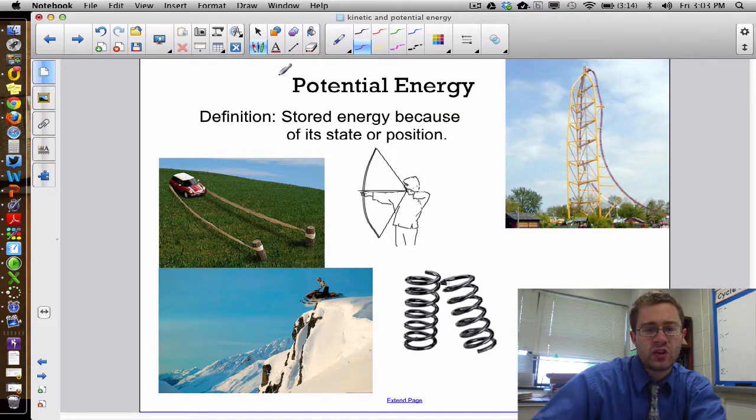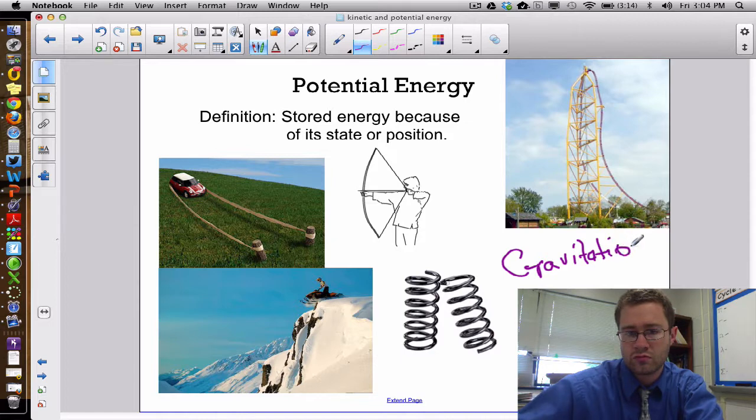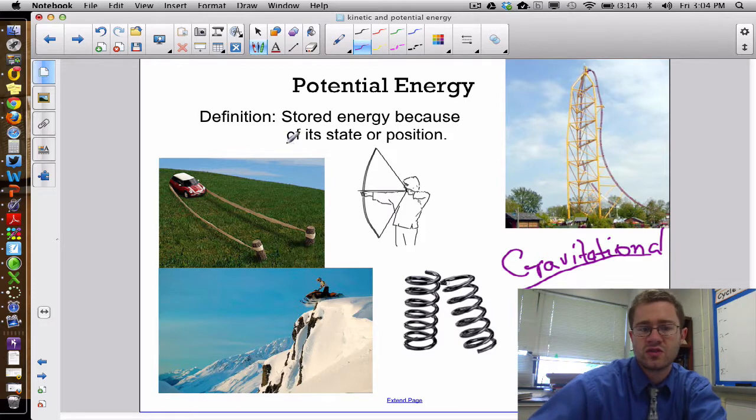Now we have potential energy. Potential energy is also known as gravitational energy. If I were to write this down here, it'd be energy due to its position. It's usually used in both terms, but it's stored energy because of its state or position.